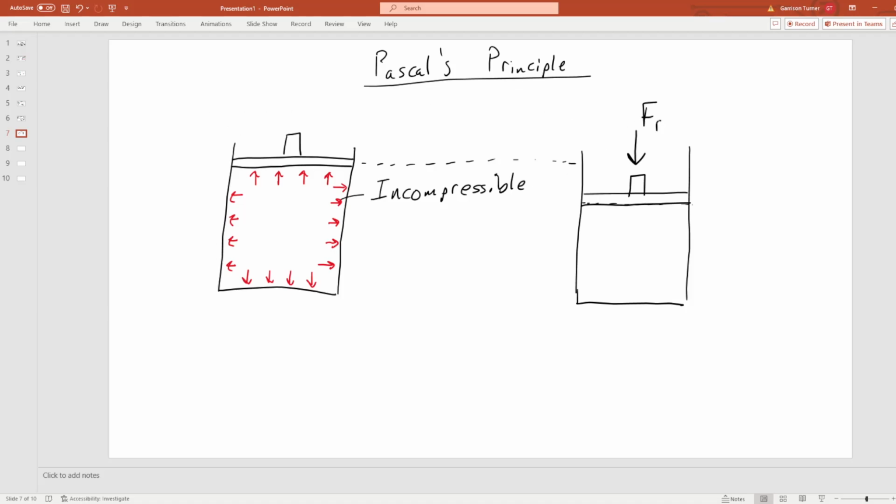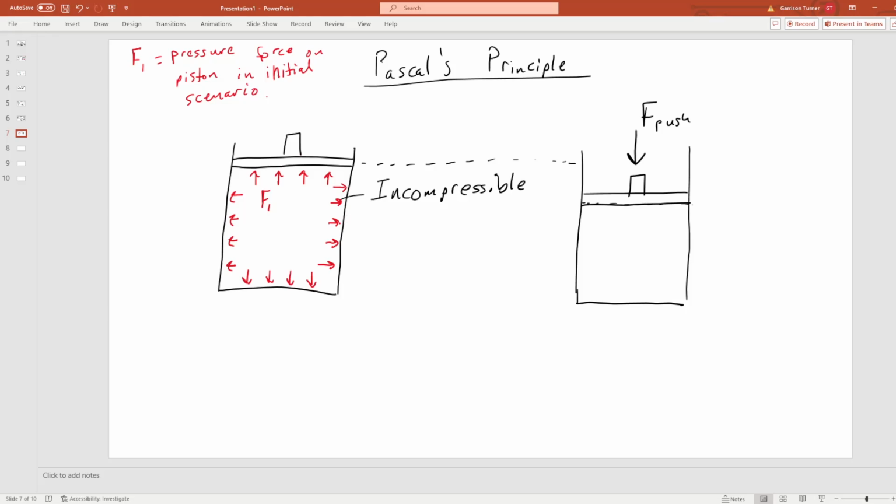I'm going to call this F push. And let's call this scenario F1. So F1 is the pressure force on the piston in the initial scenario.